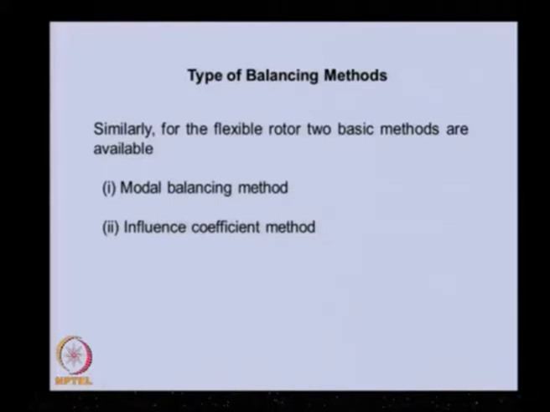Here the influence coefficient will depend upon the speed of the rotor, because we are operating in the flexible mode. This method is more advanced compared to the modal balancing method, which is more difficult, whereas the influence coefficient method is relatively easy.